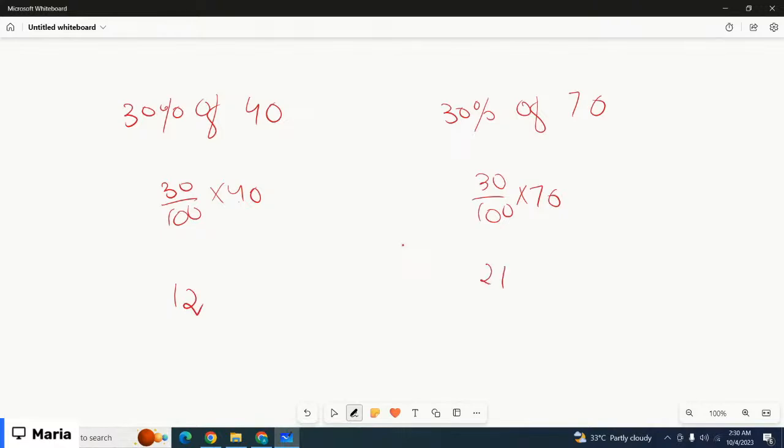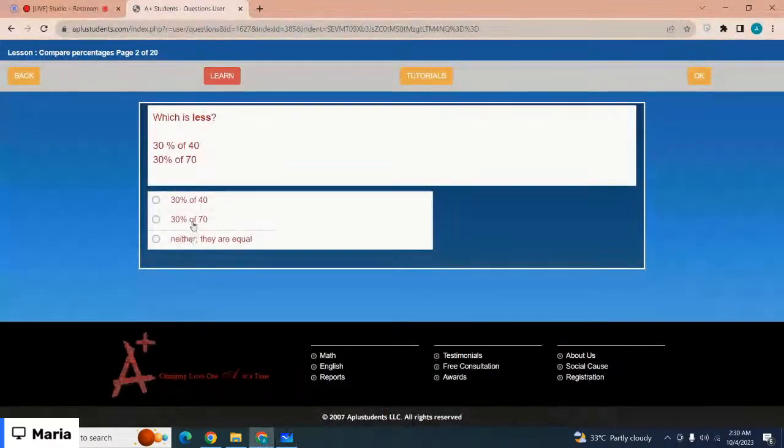So which is less? The one that has a smaller value, right? So 12 is smaller. That means 30% of 40 is less than 30% of 70, right?